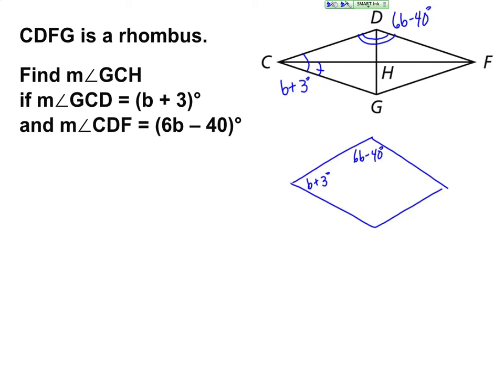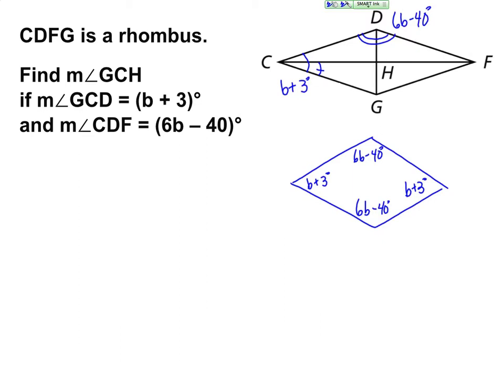So you're saying this one's b plus 3? Okay. Opposite angles of every parallelogram are the same. You can do that for both of those. Okay, that is probably one fact we need. Another idea, Erica? To find out that, we can just do b plus 3 divided by 2. Okay, so once we get the b figured out, that whole angle divided by 2 will be the one that we want.